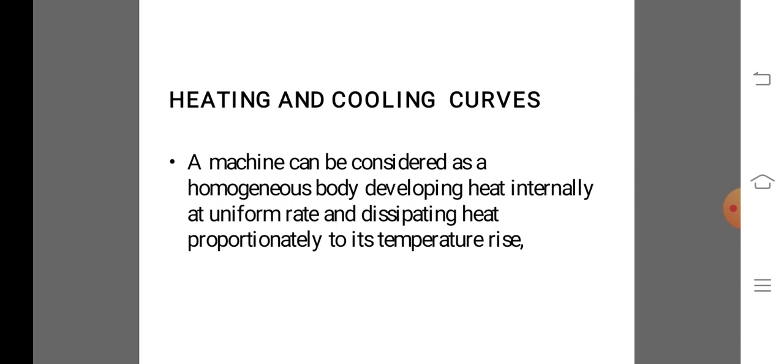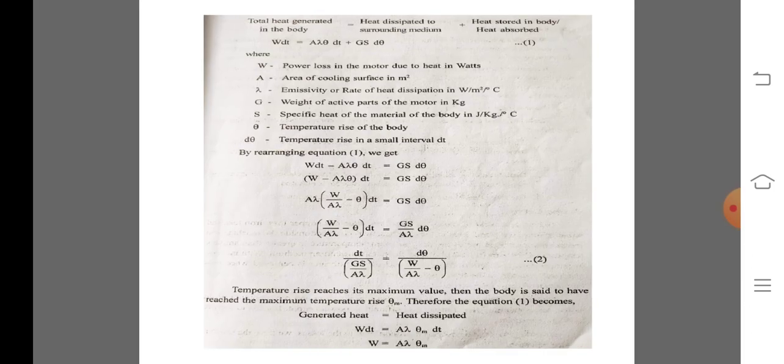So let us consider the heating and cooling curves in mathematical form. An accurate prediction of heat flows and temperature rise inside an electric motor is very difficult due to complex geometric shapes and the use of heterogeneous materials.